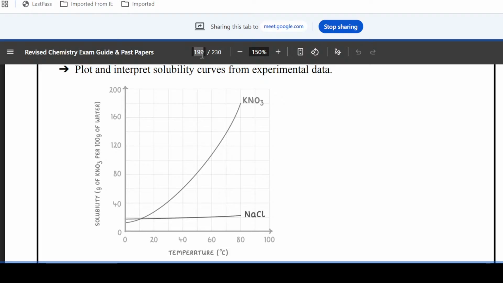Alright, so we need to look back at that. So it's cooled down to 35 degrees Celsius. So 35 will be between the 30 and 40.